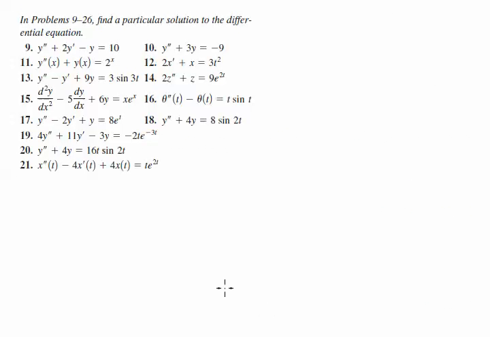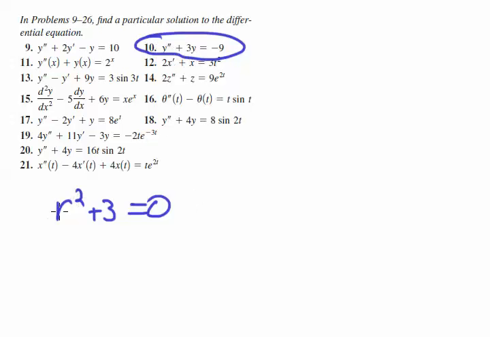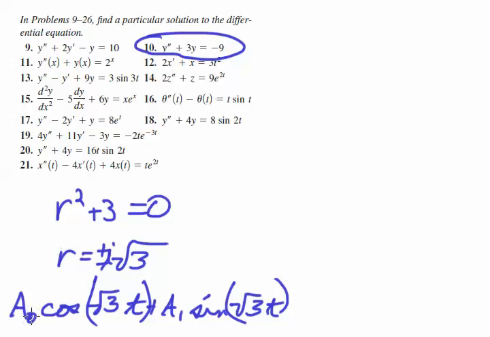Let's have a look at problem 10 here. This thing has a characteristic equation of r squared plus 3 equals 0. So it's going to have an r of plus or minus square root of 3 i. But we can see immediately, let's call this A and B, this would be the homogeneous solution right here. Y sub h equals this. But we don't really care about that. What we want to do is set our y sub p to be equal to some constant, let's call it a sub naught.